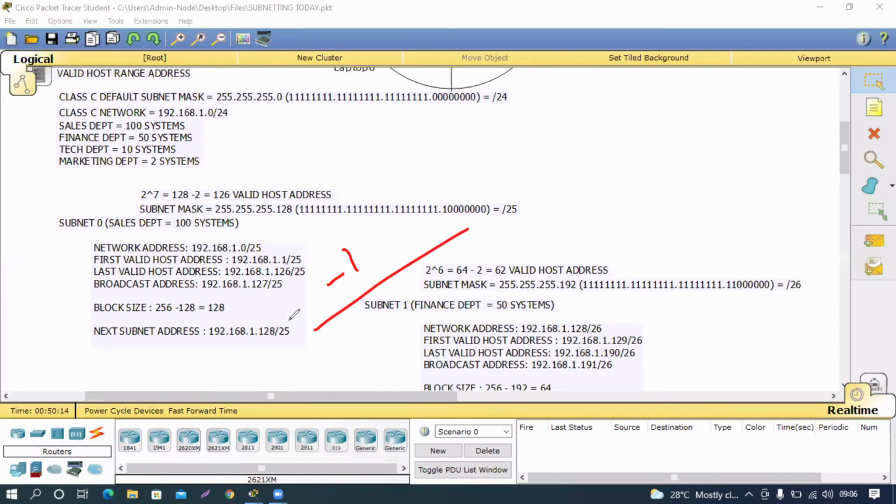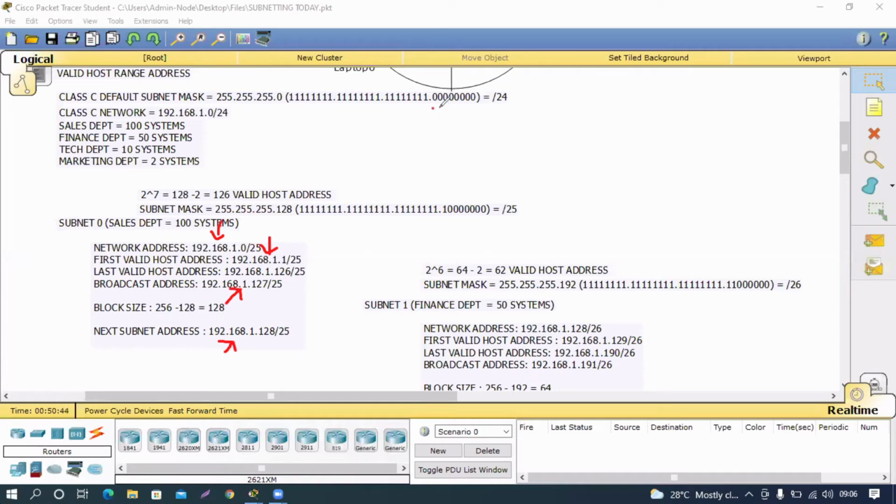In class C, you have the network up to this point. Can you see that this address remains the same everywhere? 192.168.1 is not changing. In this part it is changing. Which octet is changing? The fourth octet. Why?